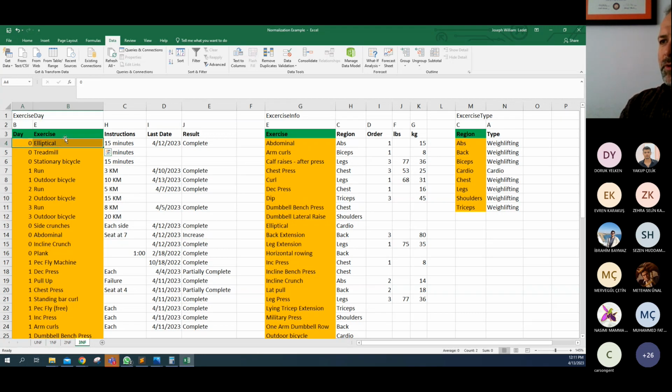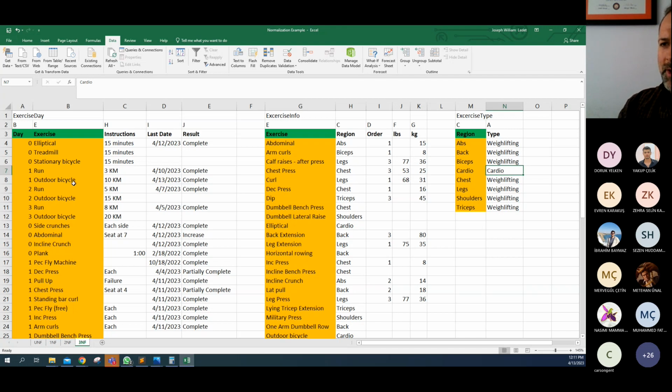So the elliptical on day 0, I do it for 15 minutes. What type of exercise is that? Or let's see, what region am I doing for that? That's cardio. And what type of exercise is that? It's also cardio, right? Because this points back up to cardio here.